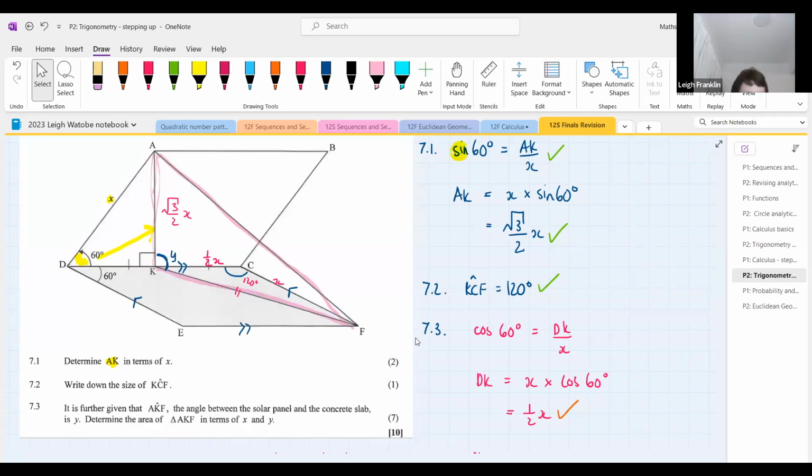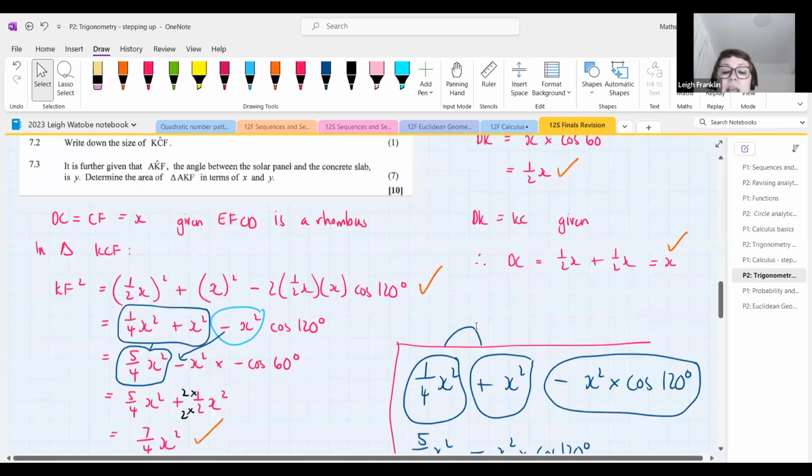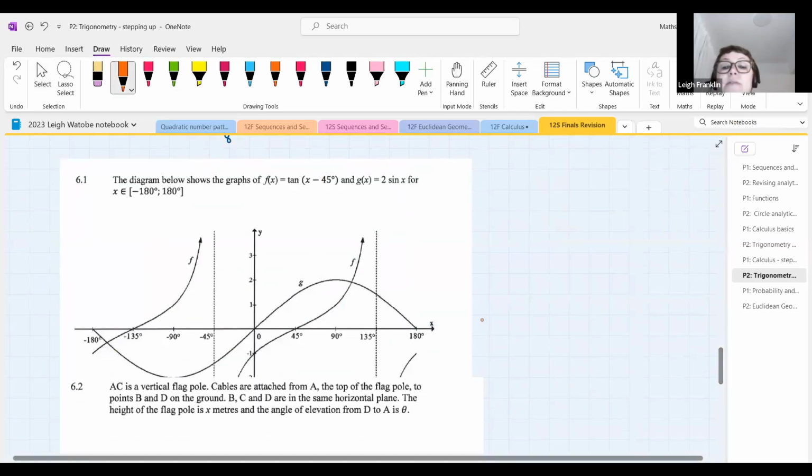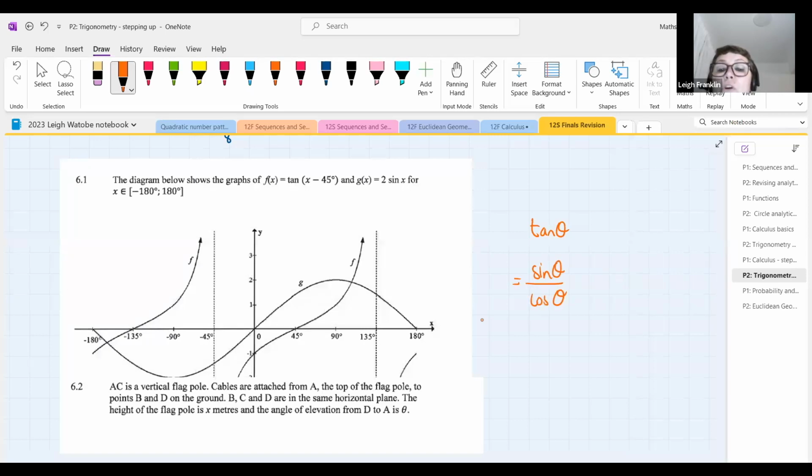Okay, all right. So when something is undefined for us, they're talking about when division by 0 takes place. So in other words, let's say you've got tan theta. Tan theta is undefined because you know that tan theta is sine theta over cos theta. That would be undefined when cos theta was equal to 0.